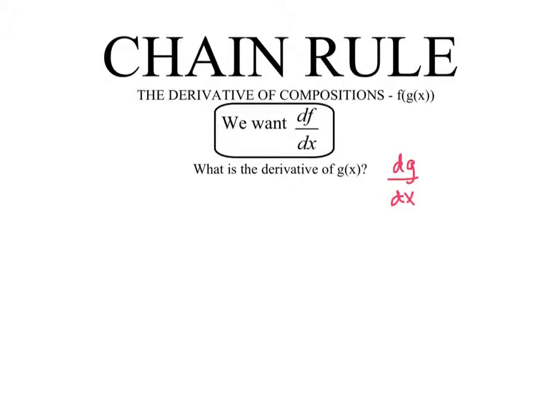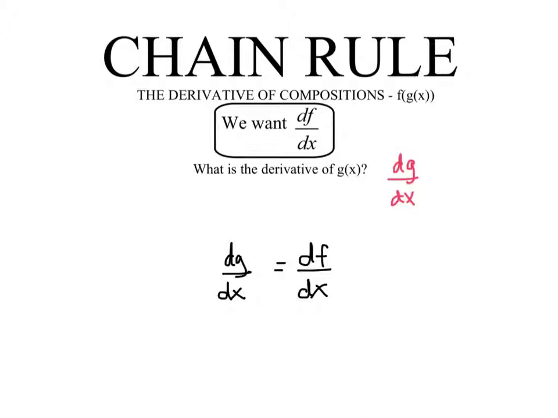So essentially, if you just ignored the f part and just asked what's the derivative of g of x, it's dg dx. Well, I want to end up with an answer of df dx. I have dg dx.